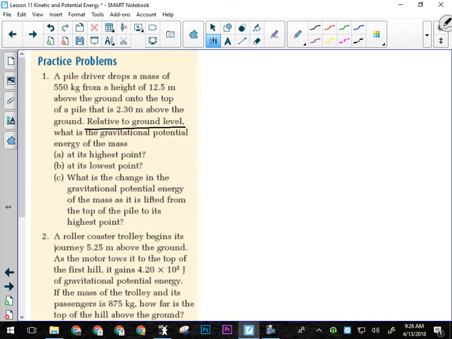So EP equals m times g times h: 550 kilograms times 9.81 times 12.5 meters. It's one of my givens, the initial height. That sort of makes sense.